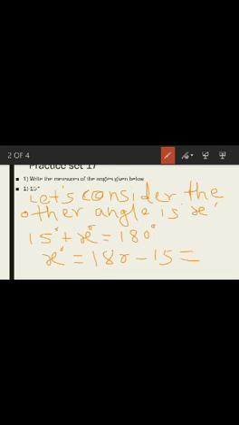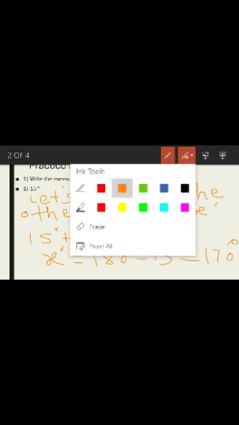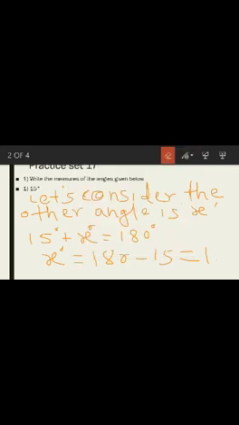You will get the answer, that is 165 degrees. Okay? Understood, students? You can find the answer, x degrees is equal to 180 minus 15, and you will get the other angle.